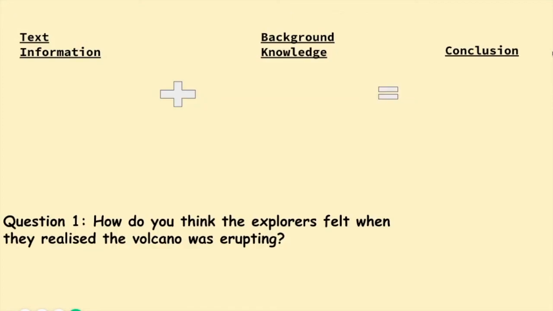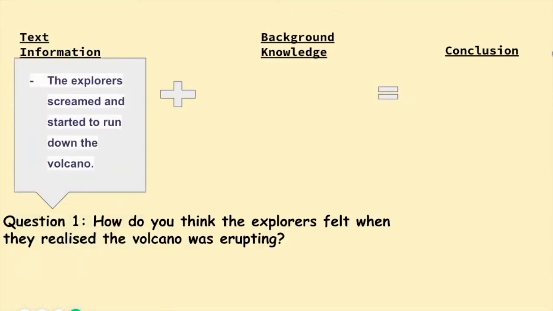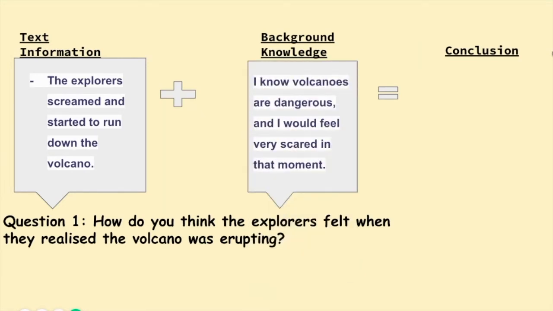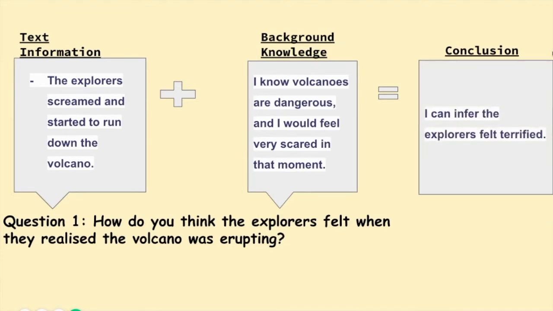The text said that the explorers screamed and started to run down the volcano. I know volcanoes are dangerous, and if I was in that situation, I would feel very scared. So I can infer the explorers felt terrified when they realized the volcano was erupting.